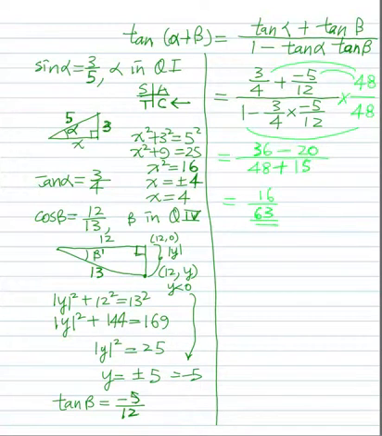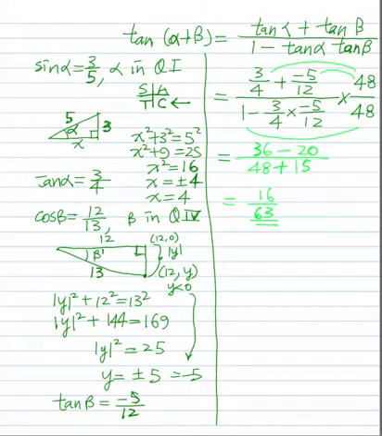In order to simplify the complex fraction, we multiply by 48 over 48. There are, of course, other ways to handle this. You can reduce first, but I think this way is the least complicated.